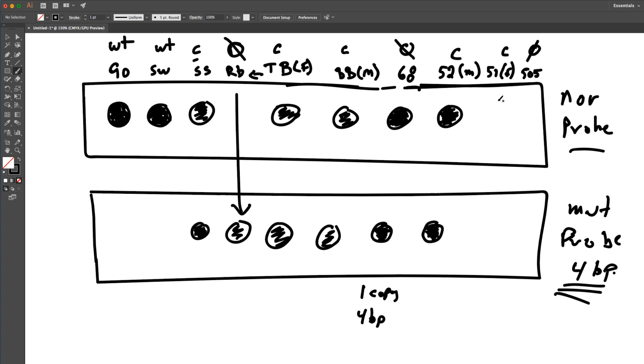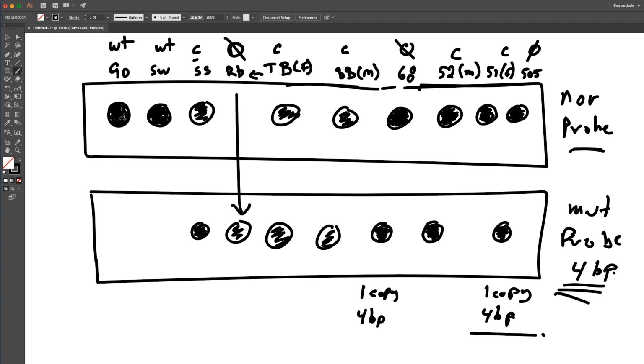And then number 68's father has something detected by the normal probe, but nothing detected by the mutated probe. An individual 505 has one of each, and they are afflicted, so they only have one copy of the 4 base pair insertion.